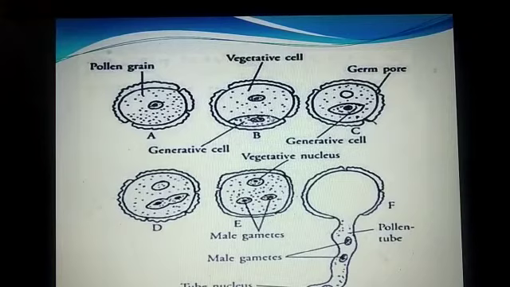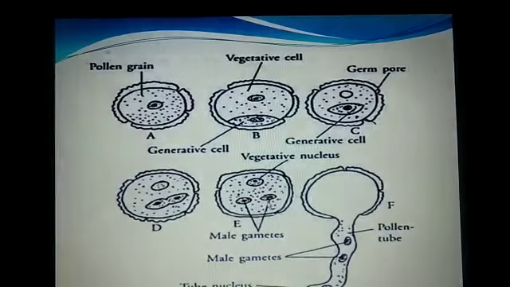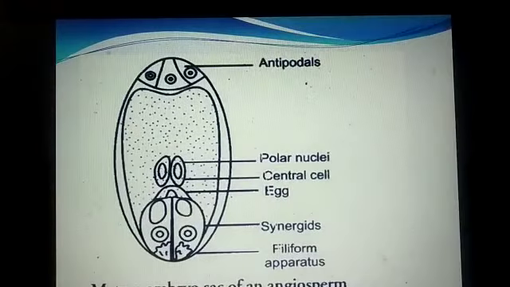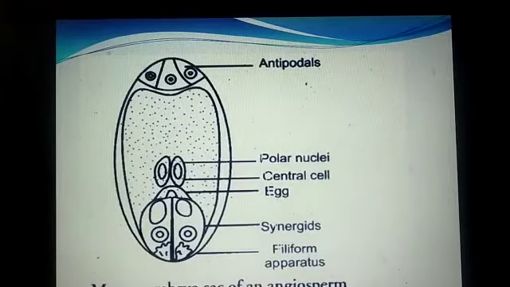So in 60% of angiosperms, pollen grains are released at the two cell stage, and in the other remaining angiosperms, the pollen grains are released at the three cell stage, in which there are two male gametes and one vegetative nucleus.